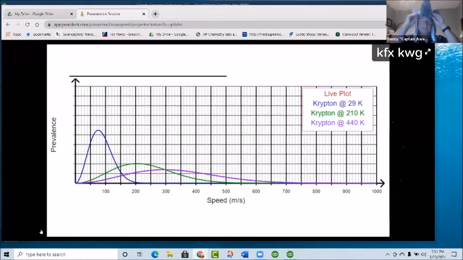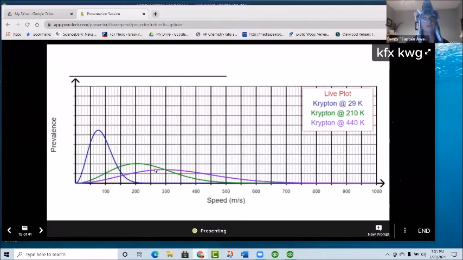You have covered at some point kinetic molecular theory. Kinetic molecular theory basically says that when you heat up a gas, those gas molecules get faster. If you've covered kinetics, you've probably also seen graphs like this. It's called a Maxwell-Boltzmann distribution. As the krypton gas got warmer and warmer, the range of speeds of the molecules got faster and faster.